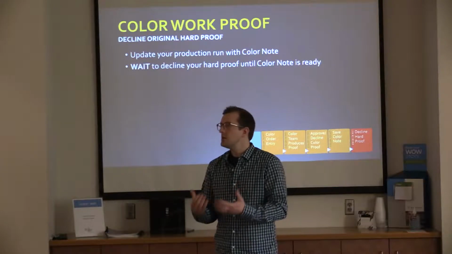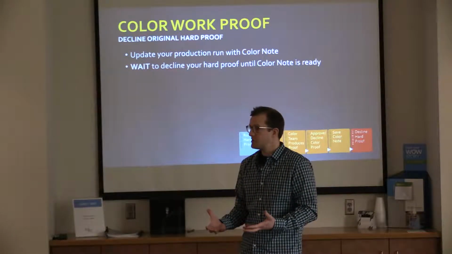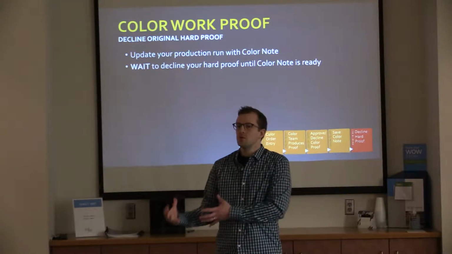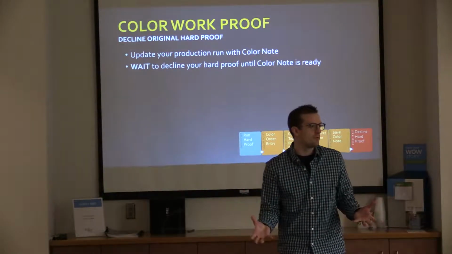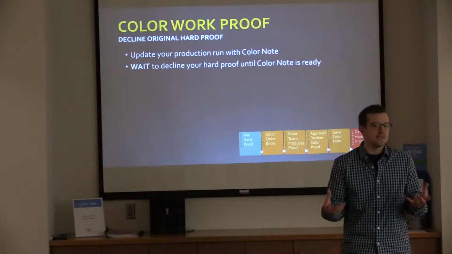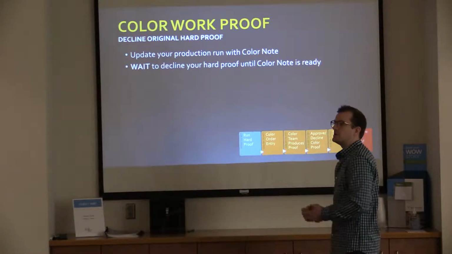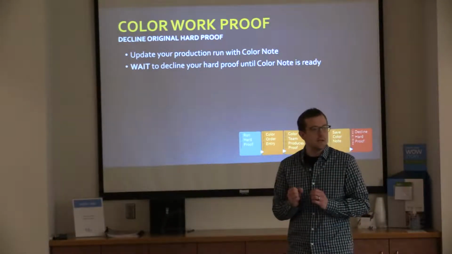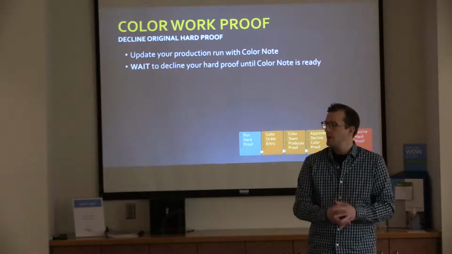Because as soon as you decline that, production thinks that it's ready to go back into production, not to set it aside and wait for that information to come. And this applies for all hard proofs in that decline queue. You don't want to decline it until all of the information is ready to move forward. You decline it, now production can grab it and move that forward. All right?